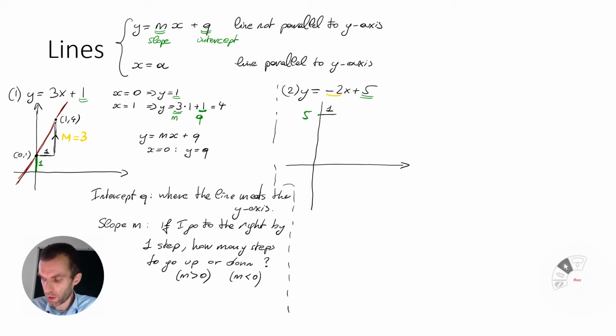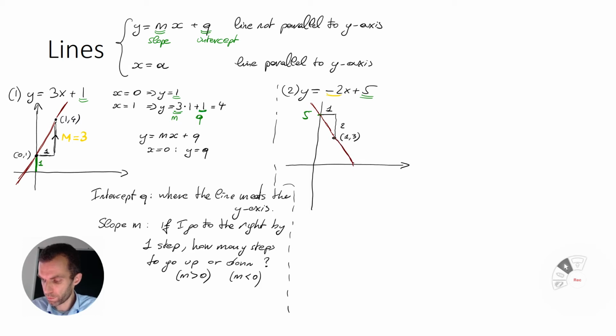So I know if I go to the right by 1 step, I have to go down by 2 steps to get another point on the straight line. So this point right here, if you calculate it, has coordinates (1, 3), and we can check that that indeed is a point on the line. And our line therefore looks like this, goes down and down.